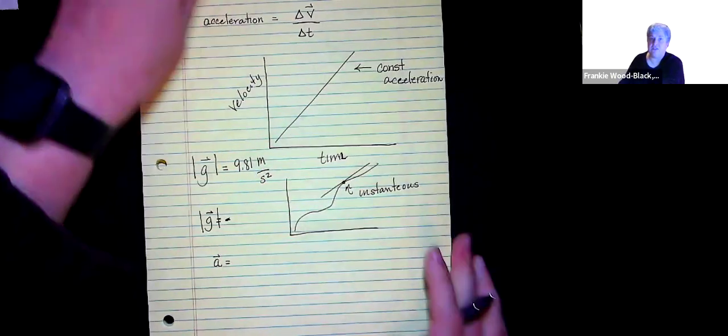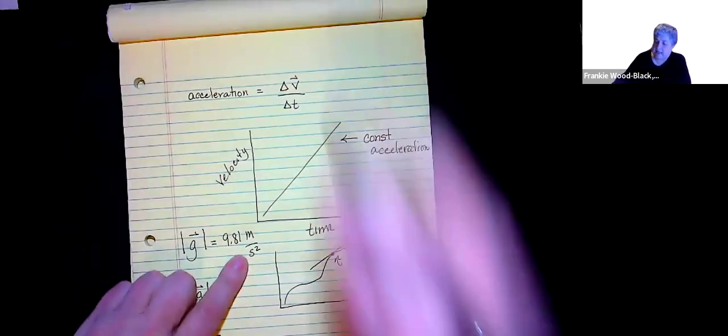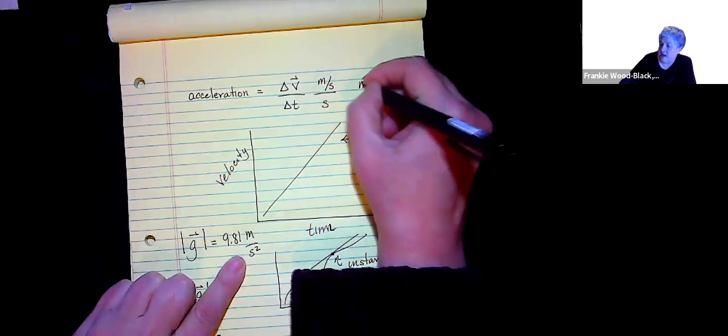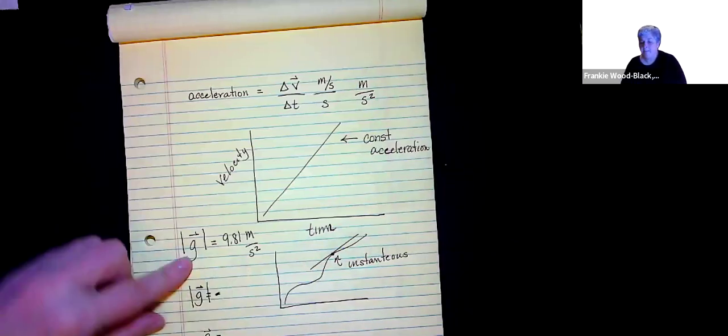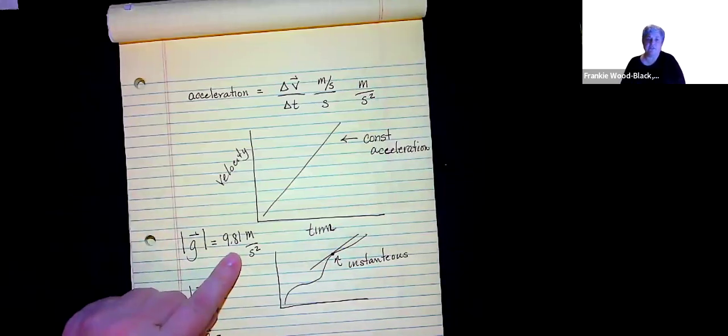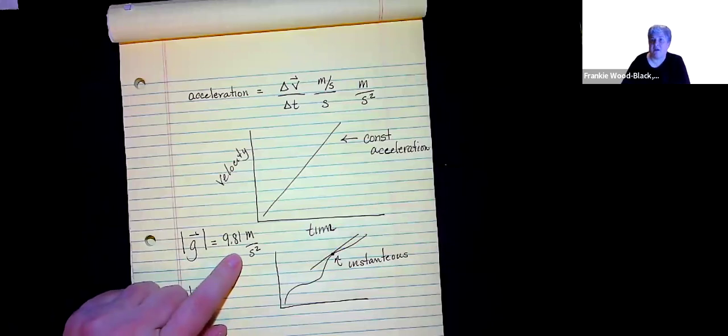If I look at these units here, I get meters per second divided by seconds, and I get meters per second squared. My magnitude of g we're going to use is 9.81. When you start doing your experiments, you're going to find out that in Stillwater and in Enid and in Tonkawa, it's probably closer to 9.79 meters per second squared. But the constant that we utilize for physics problems is 9.81.